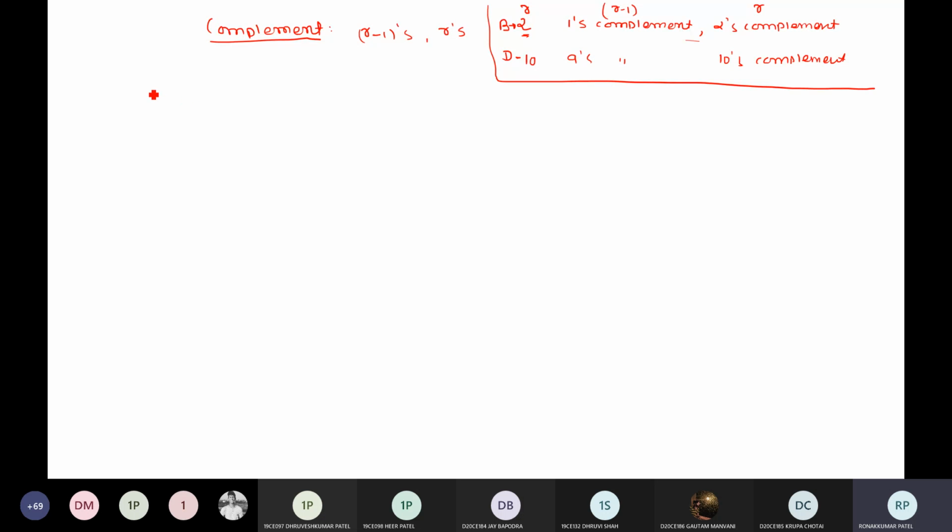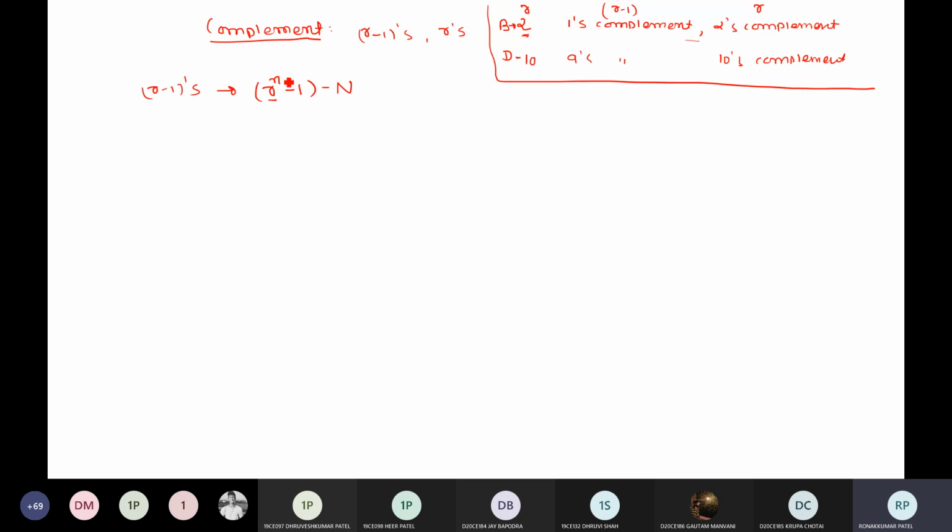So for r minus 1's complement, in this we will just see the equation. For r minus 1 complement, the equation is r raised to n minus 1 minus N. R, you know, it's a radix.